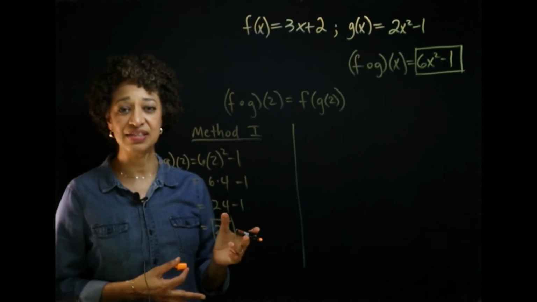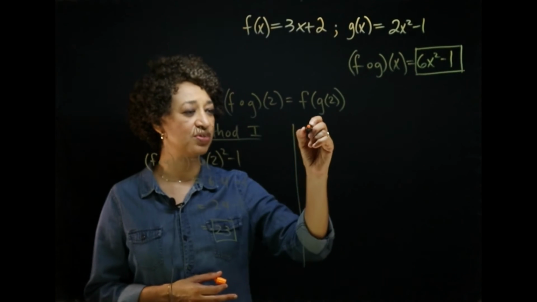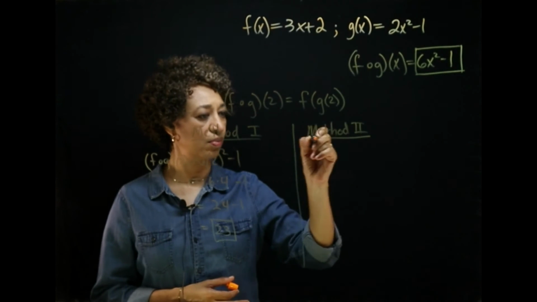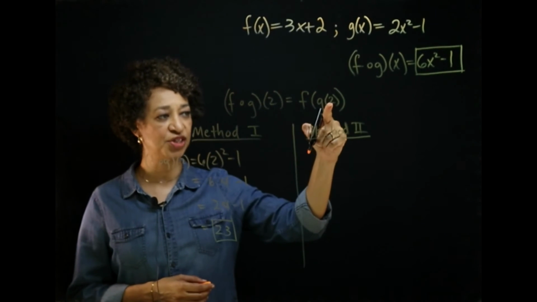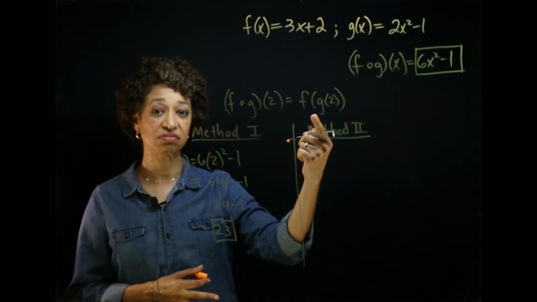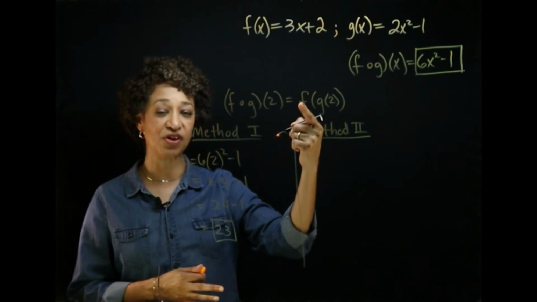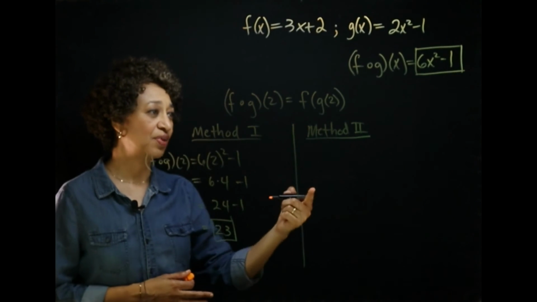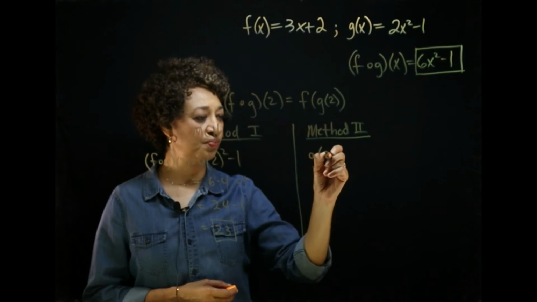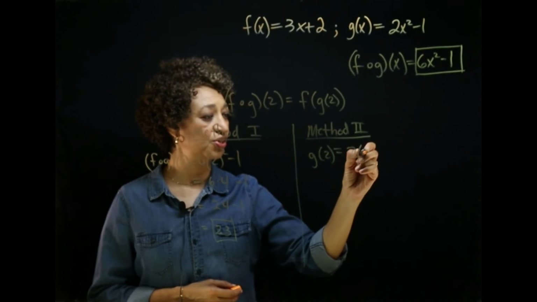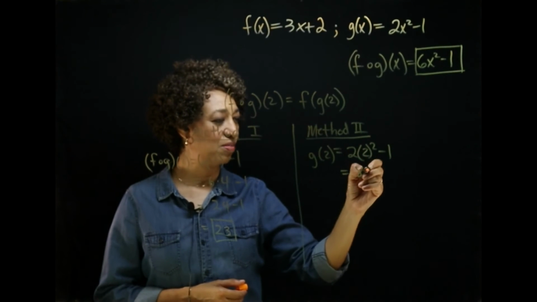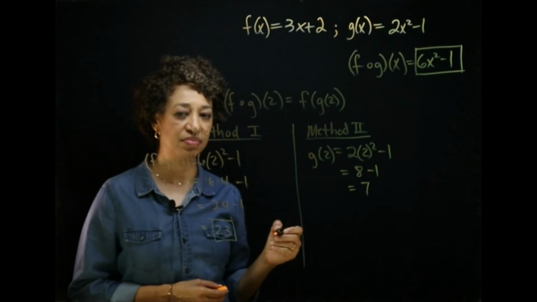But depending on the context of the problem, sometimes it's easier to use this other method: we could actually plug in 2 into the function named g, get the answer, and then plug that result into the function named f. So let's try that. I'm going to plug a 2 into the function named g. So g of 2 is 2 times 2 squared minus 1, which is 8 minus 1, which is 7.